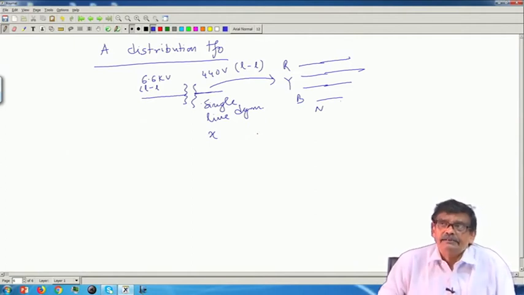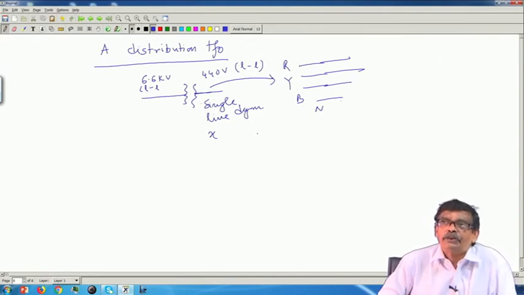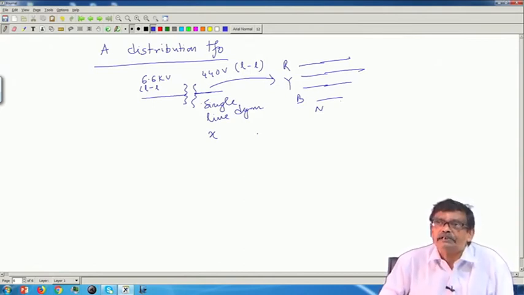So, this is the thing. Now, the question is, in such a situation where x is not in my hand, while purchasing the transformer, at what value of x should I demand that efficiency will be maximum?